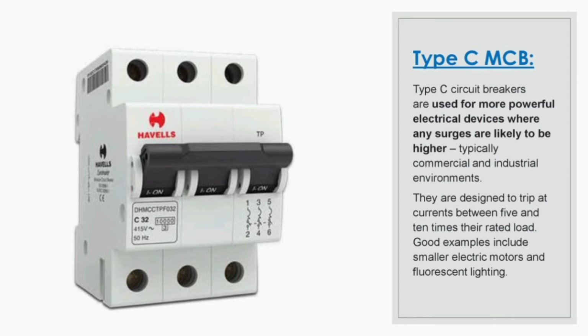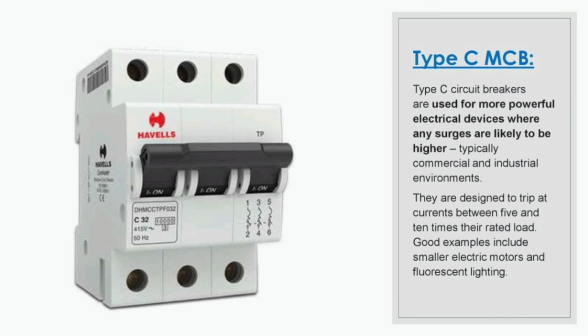Coming to C type MCBs, we can use C type MCBs in inductive loads. Inductive loads are nothing but equipment having windings, like motors or ACs. In rotating equipment, like grinders, we will use C type MCBs.